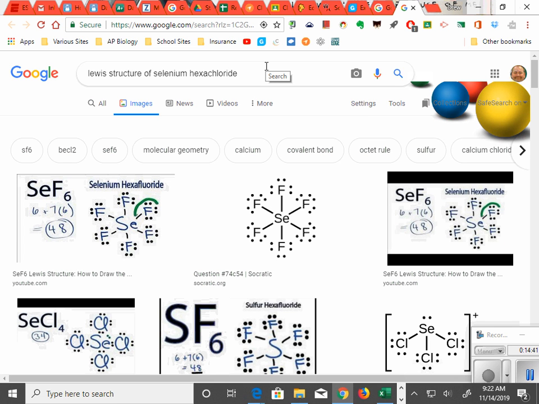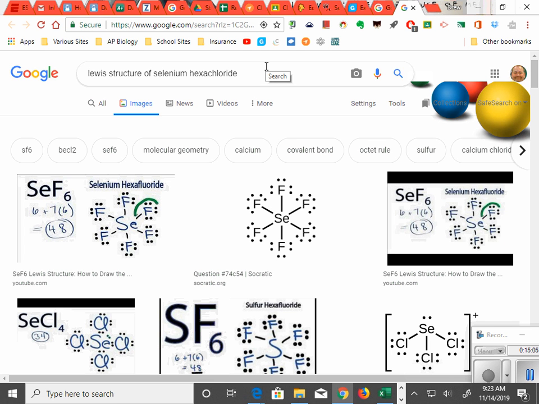Now, obviously, this is one where we're talking expanded valence, because we don't just have 8 valence electrons around that selenium. Okay, we're pulling in different orbitals, not just the S's and the P's that we are used to. So we're pulling in these different orbitals for that.